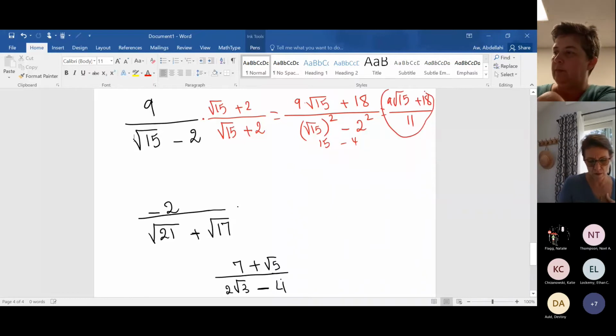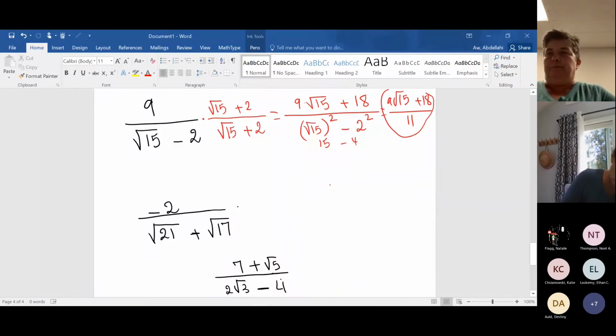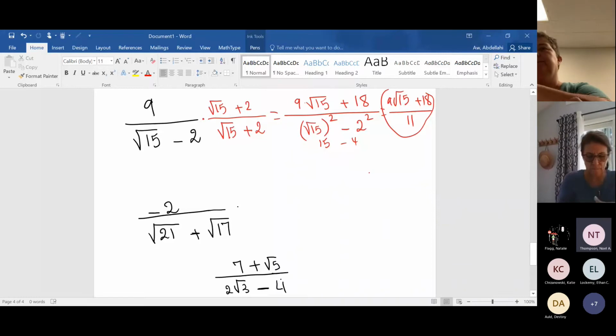I have a question. I thought you said when you're multiplying, the numerator had to match the denominator for it to cancel out.